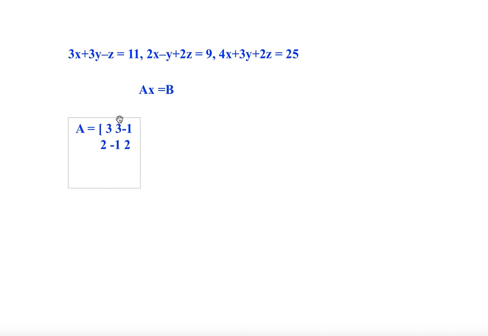This is what you have to follow. 4 coefficient of x, 3 coefficient of y, 2 coefficient of z. So this is the A matrix clearly. Close the bracket.